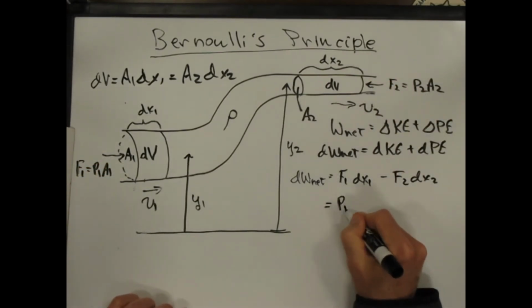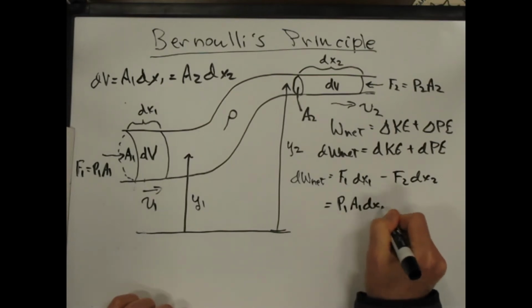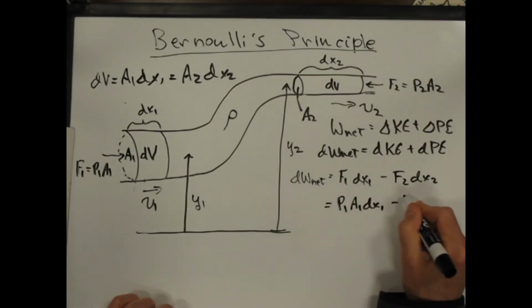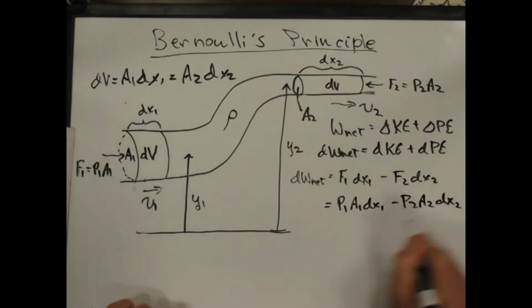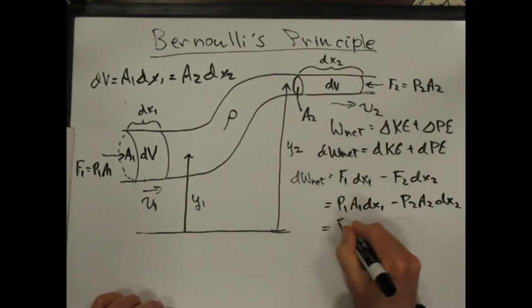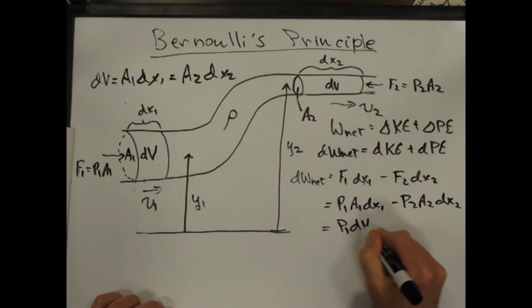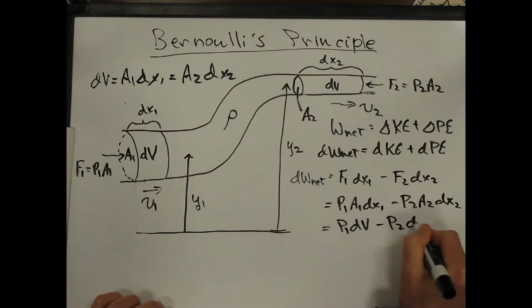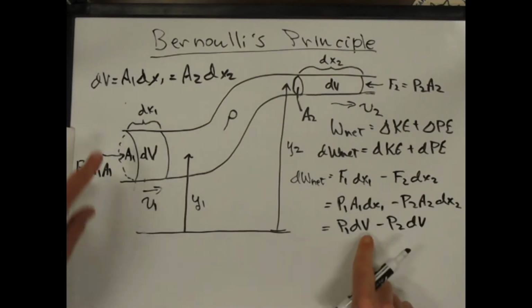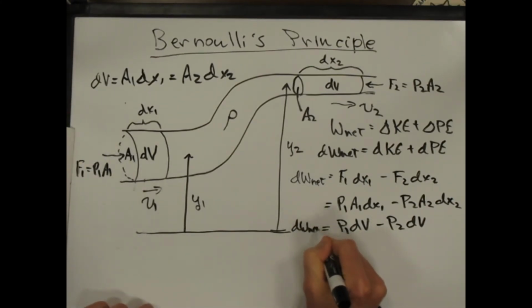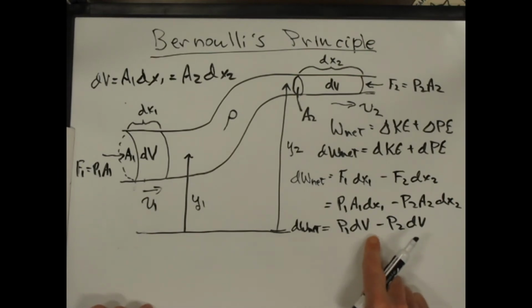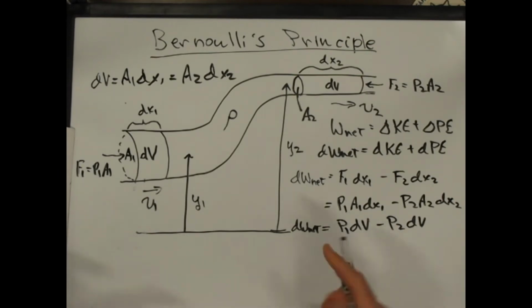And so this is pressure 1, area 1, dx1, minus pressure 2, area 2, dx2. That's equal to pressure at 1 minus pressure at 2 times dV, where once again, V is the volume. So the net work done is the pressure times the volume for the two acting in opposite directions. So it's the difference.